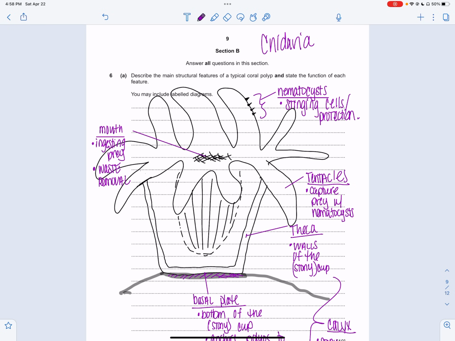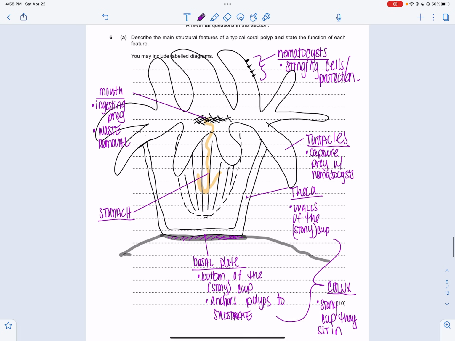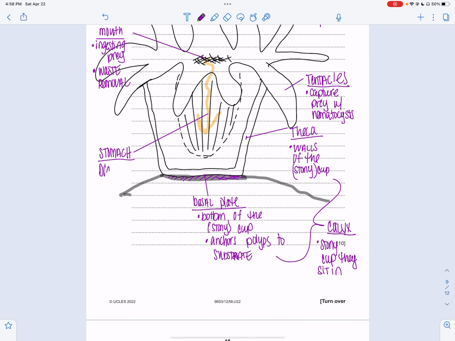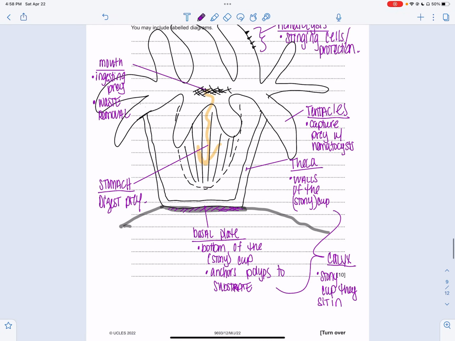And then the last thing: if they're going to eat something, we have to move it down to their stomach. Stomach, this is to digest prey. All right, there she is.